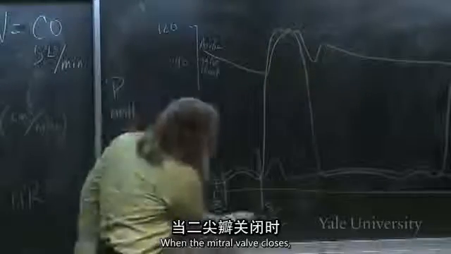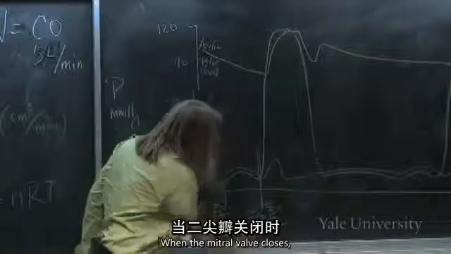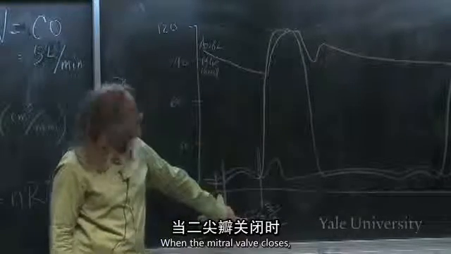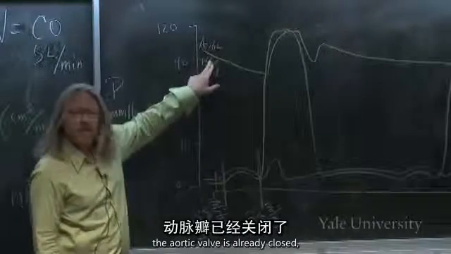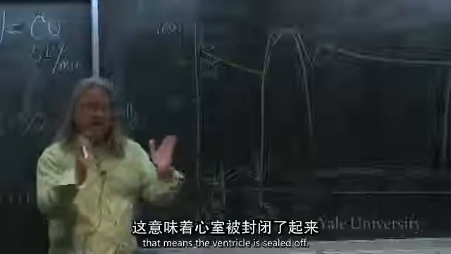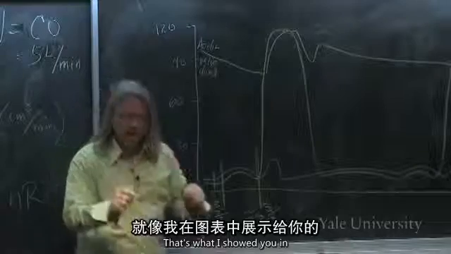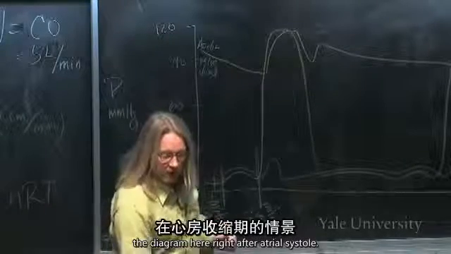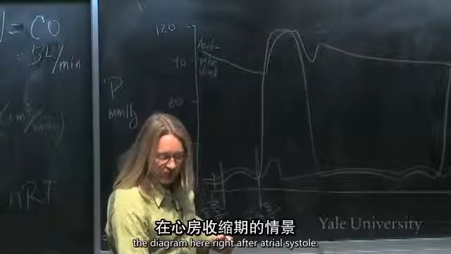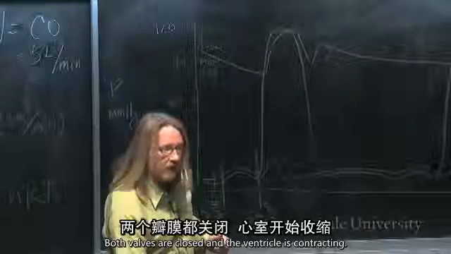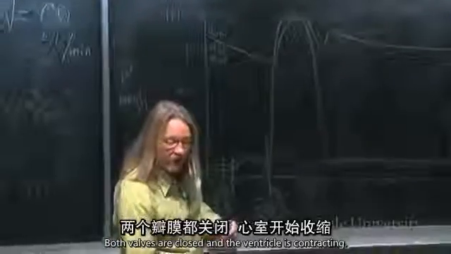When the mitral valve closes, the aortic valve is already closed. That means the ventricle is sealed off, right? That's what I showed you in the diagram here, right after atrial systole. Both valves are closed, and the ventricle is contracting.